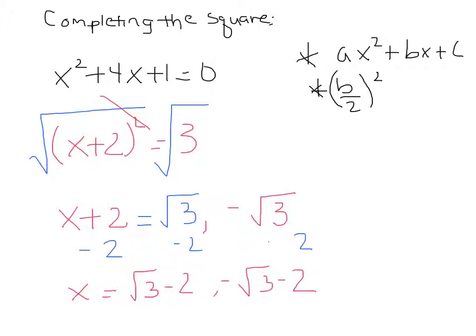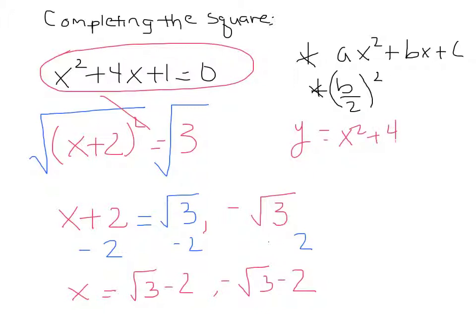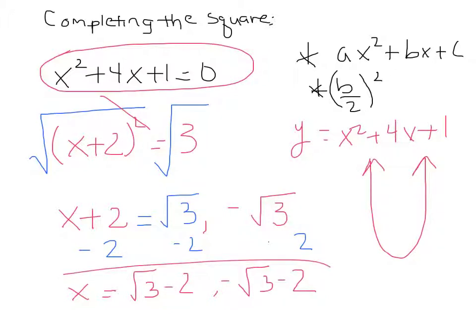If you plug this in your calculator, you can get a decimal answer. Or if you plug this trinomial equation into your y equals, where y equals x squared plus 4x plus 1, and you graph it, you'll see that you get a symmetrical parabola, where these are the points that cross the x-axis.